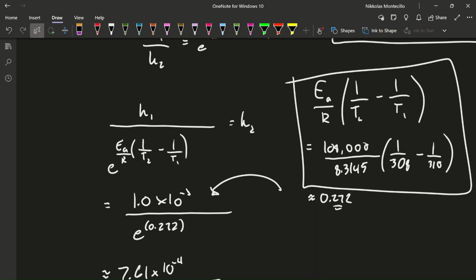So 108,000 divided by 8.3145 times 1 over 308 minus 1 over 310, which should get us 0.272.